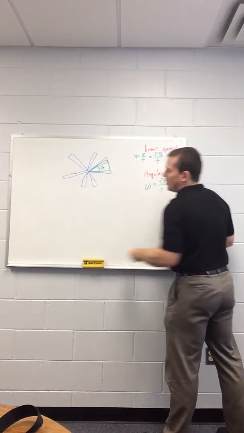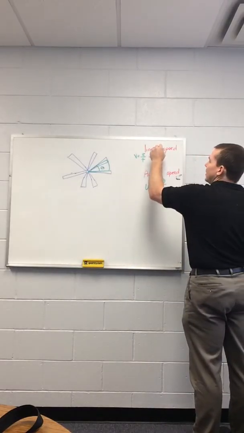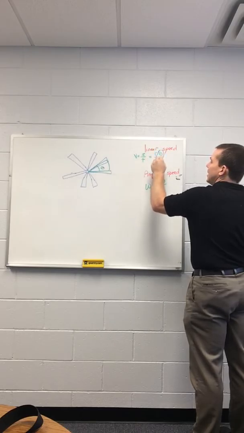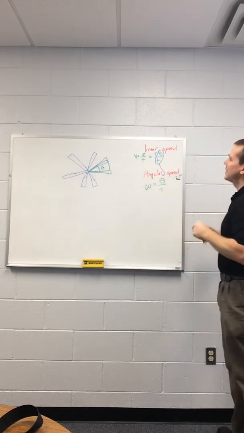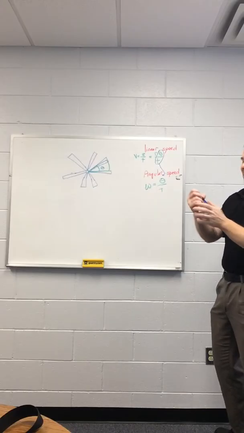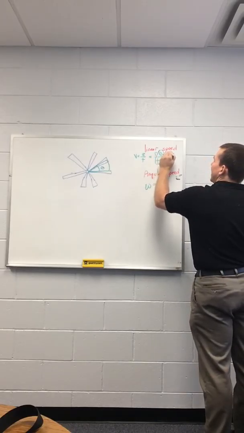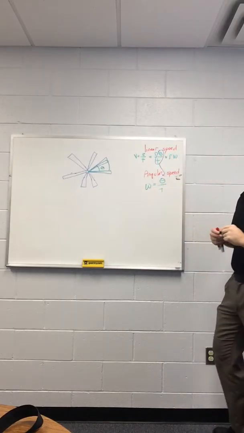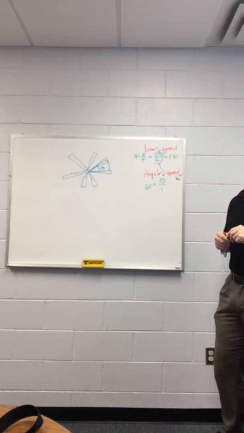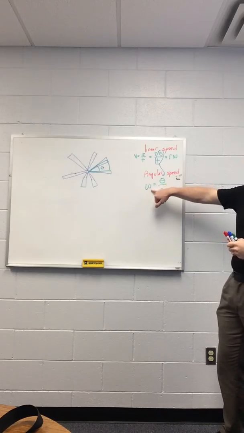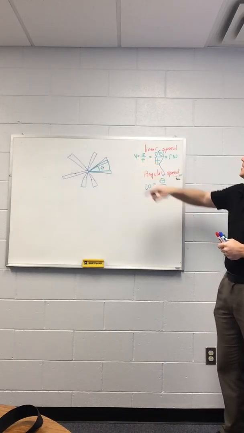But now, if you want to do a little bit of algebra, theta over t is just omega. Which means now I can replace theta over t with omega, and I get r omega. And now I have a formula to calculate the angular speed and the linear speed.